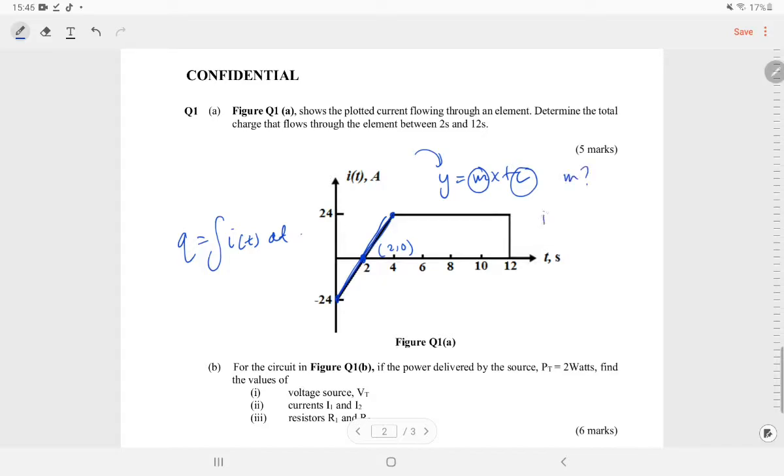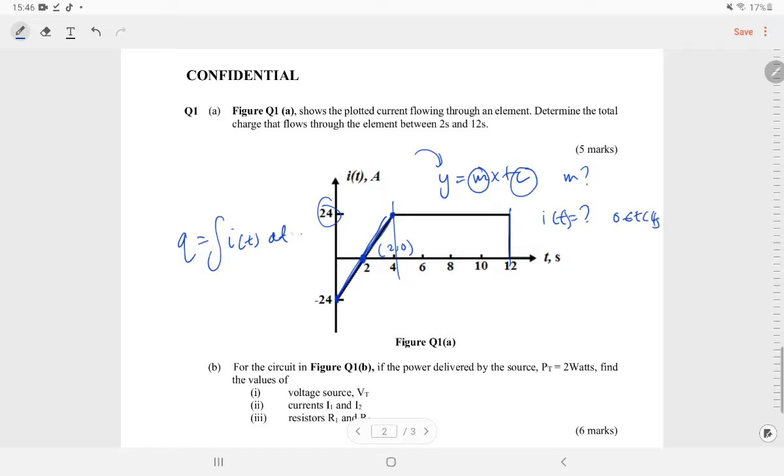And then you got the I of T equal to what? For 0 to 4 second. And then from 4 to 12 second over here. So obviously it is a direct current. So therefore the value will be 24.